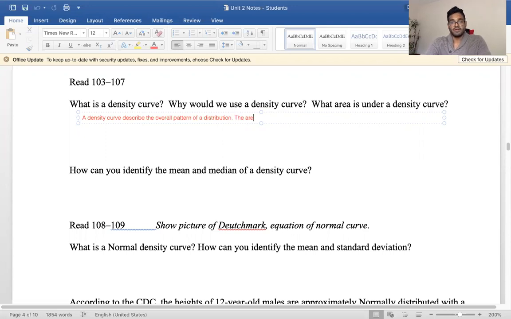The area under the curve represents the proportion of all observations that fall within the interval. Okay. Think about those of you that have taken calculus before or know some calculus, it's like taking an integral. Just some basic information for you there.